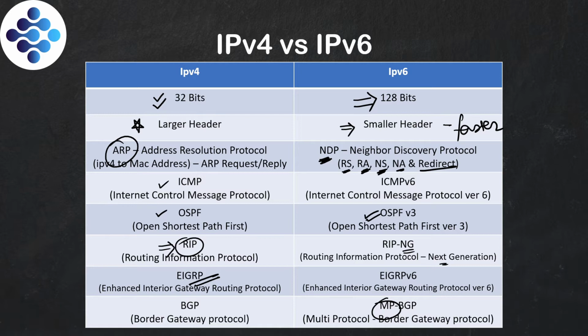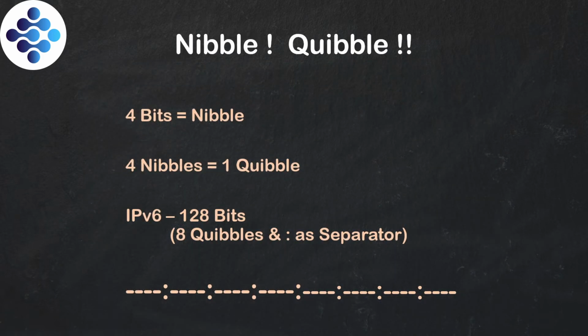Now 4 bits, that is a nibble, right? We know that a bit is the binary digit, the smallest unit. So 4 bits are collectively called a nibble, and 4 nibbles are collectively called a quibble. So in other words, in a quibble there would be 16 bits, 4 each.